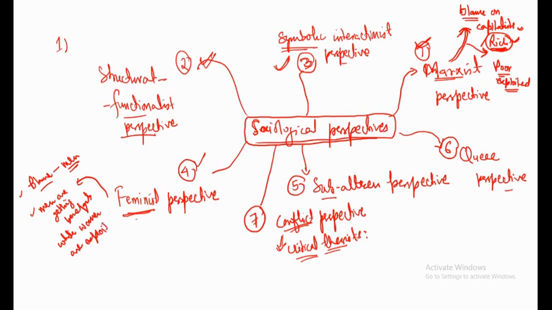So in the Marxist perspective, you try to justify that the poor are being exploited; in the feminist perspective, you say that women are being exploited. Here you put blame on capitalists for any negative effects of the topic, say demonetization or COVID. Here you put blame on men, and say that men are getting more benefits as compared to women.